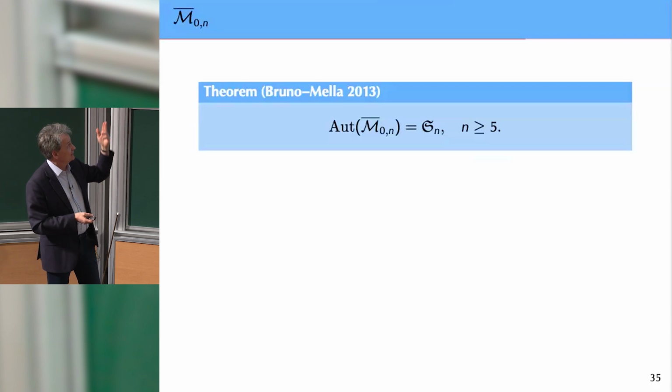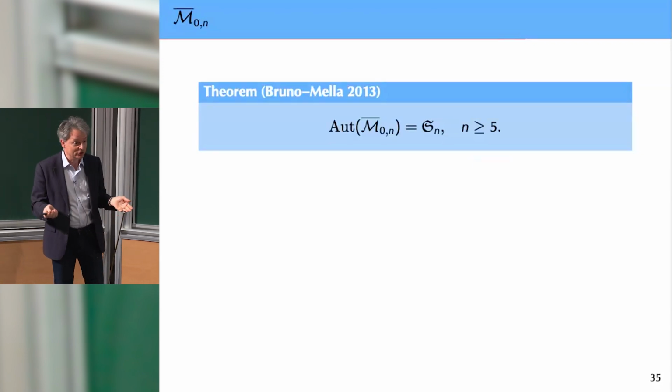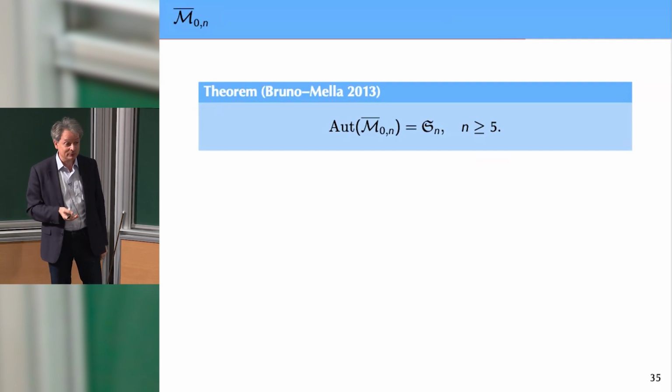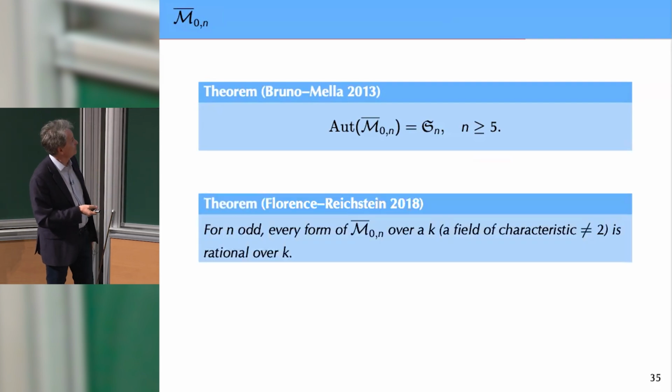Okay, so maybe a starting point for this was something that might be obvious or not, but it's a relatively recent theorem, that the automorphisms of M0n bar are what you think they are, the symmetric group Sn.